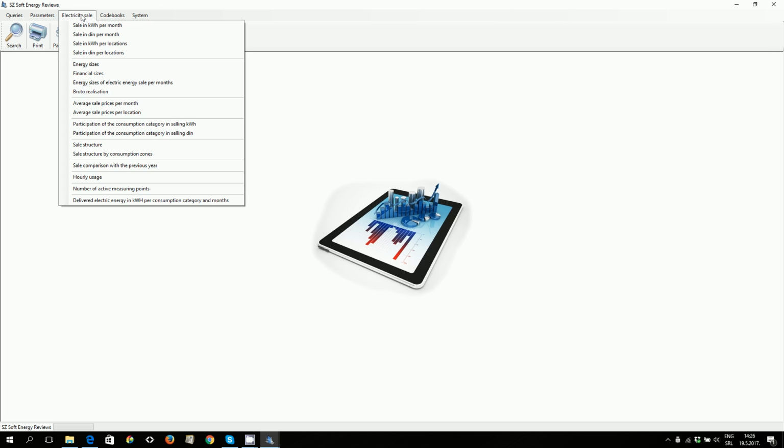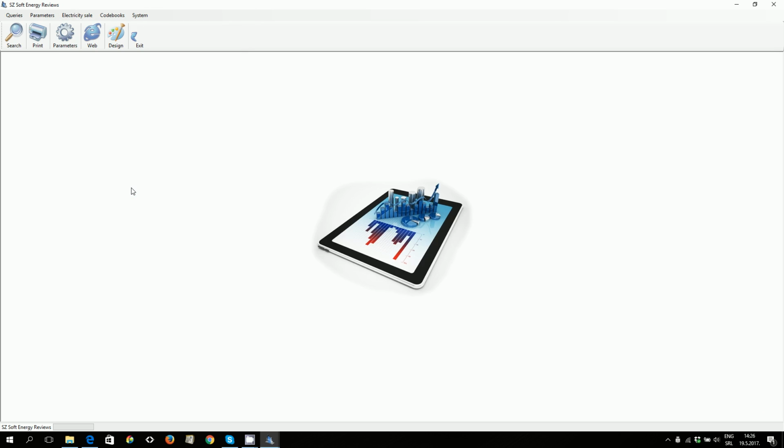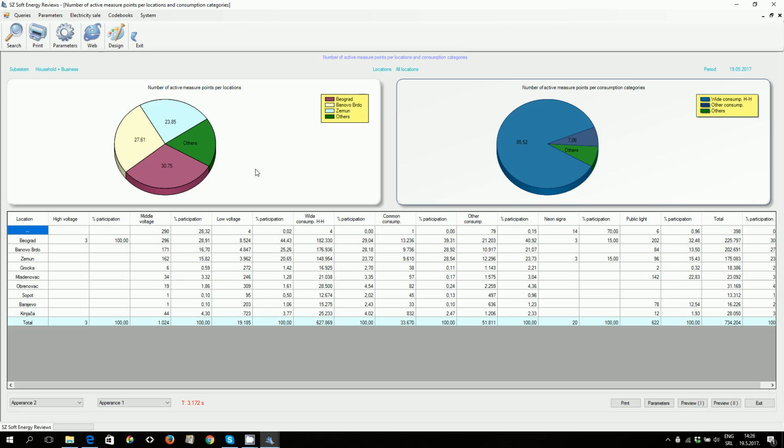Our next function is number of active measuring points. Here on the left side we can see the number of active measuring points per location, and here we can see different locations in Belgrade.